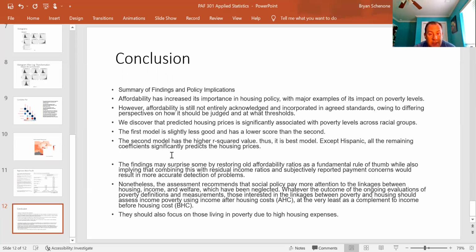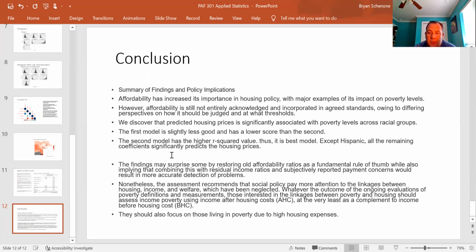Findings may surprise some by restoring the old affordability ratios as a fundamental rule of thumb, while others imply that combining this with residual income ratios and subjectively reported payment concerns would result in more accurate detection of problems. Nonetheless, the assessment recommended that social policy pay more attention to the linkage between housing, income and welfare, which had been neglected in the past.